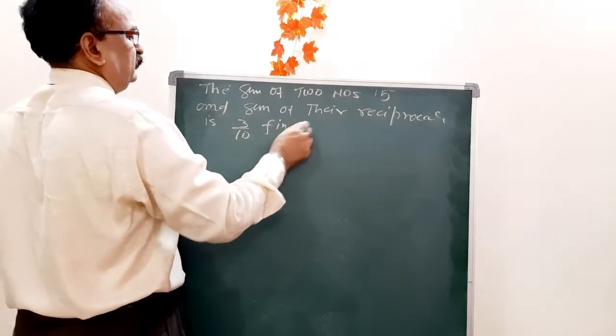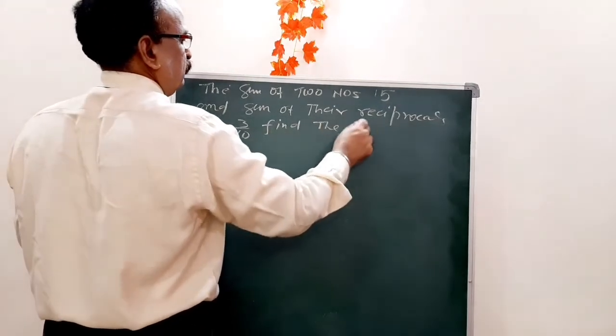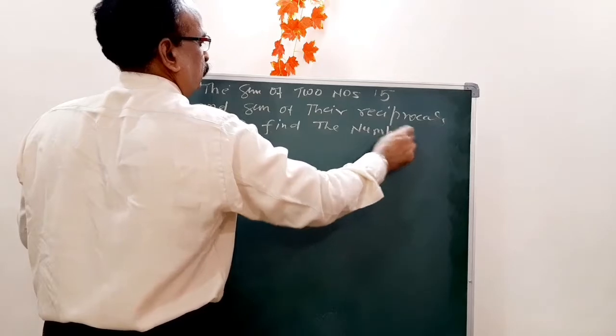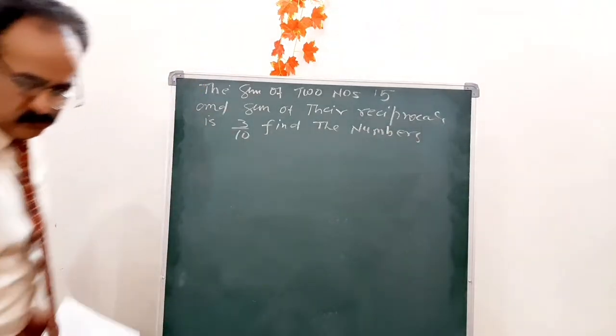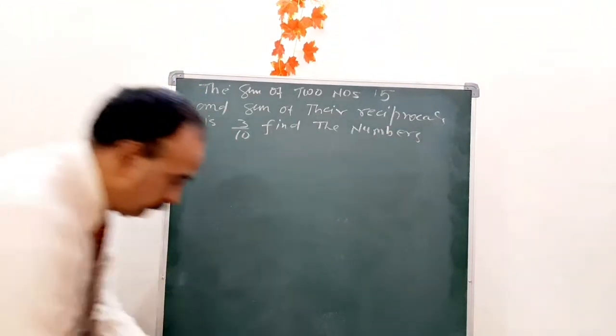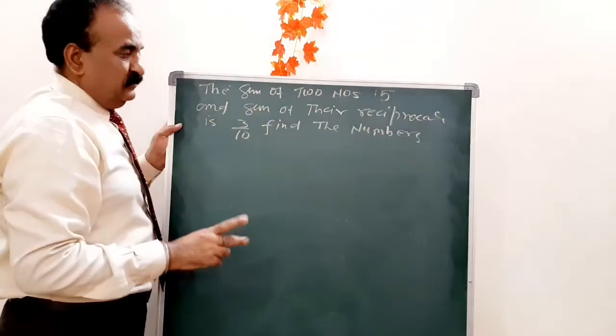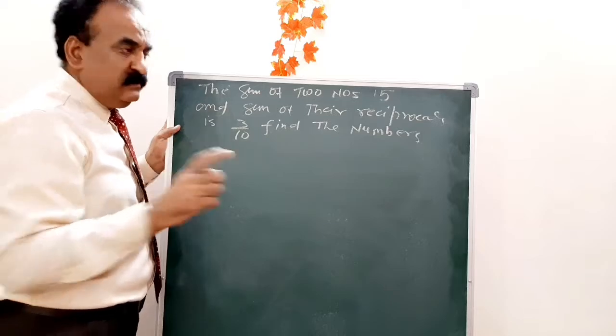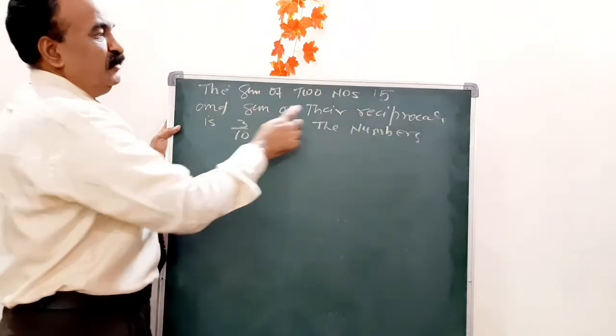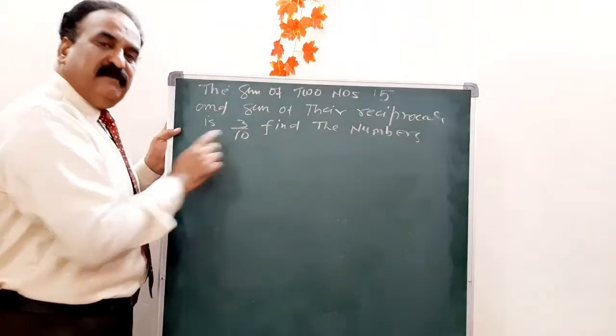Find the numbers. Okay, see the question. Question is, the sum of the two numbers is 15 and the sum of their reciprocals is 3 by 10.